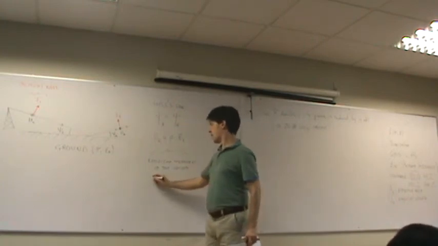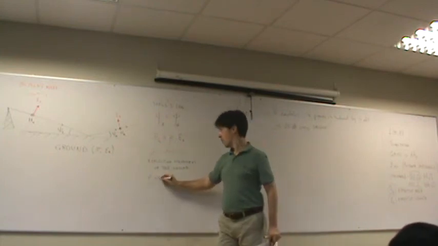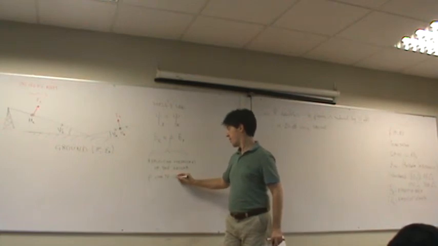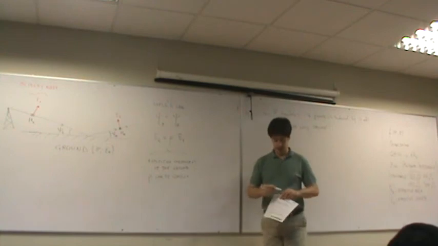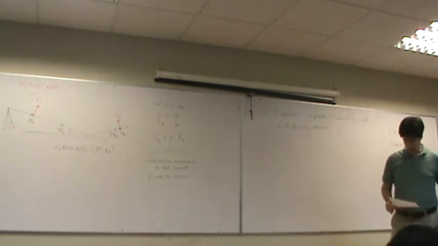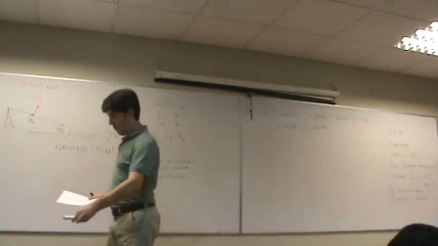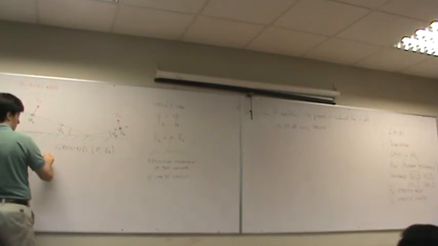And again, it can be a complex number. Usually it is a complex number. Okay, this kind of situation is called vertical polarization.